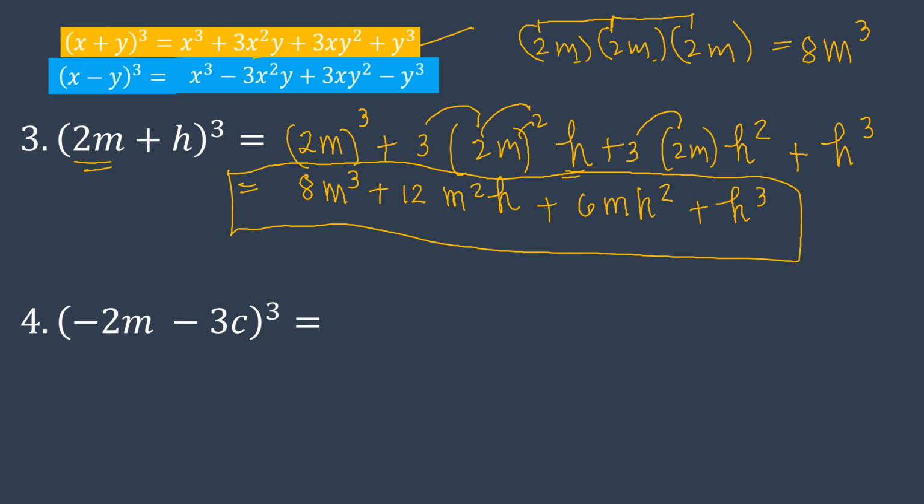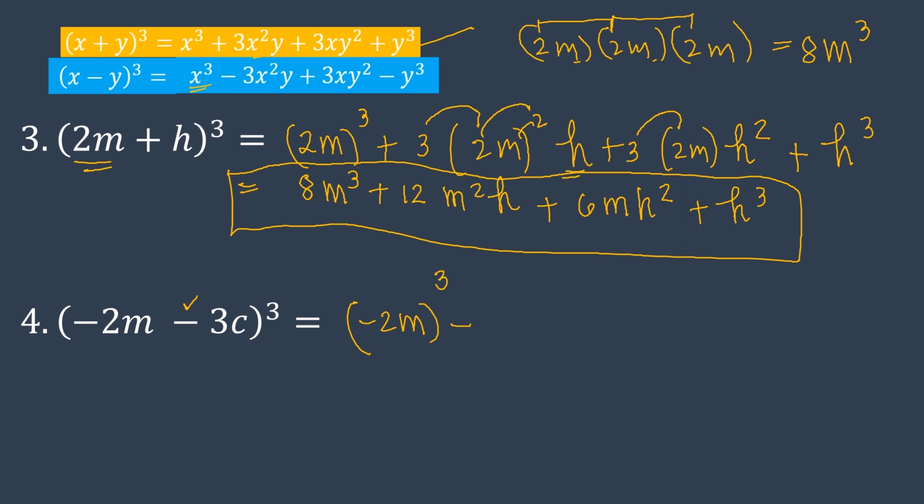Okay, number 4, the middle term is minus. So let's proceed. We are going to cube the first term. So negative 2m, okay, to the power of 3 because we cube the first term, minus thrice of what? Thrice the square of the first term. That's it.